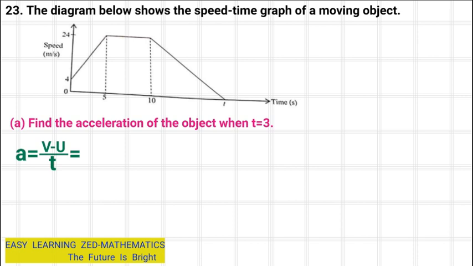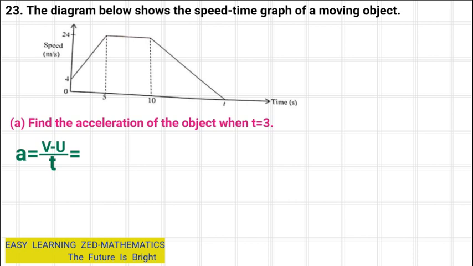Okay, so what we're going to do now is write equal to, then here is what you need to understand. They are telling us to find the acceleration of the object when the time is 3 seconds. Now when you look at the graph, there is nowhere 3 seconds is indicated. However, 3 seconds is between 0 and 5 seconds. Okay, 3 seconds is between 0 and 5 seconds.